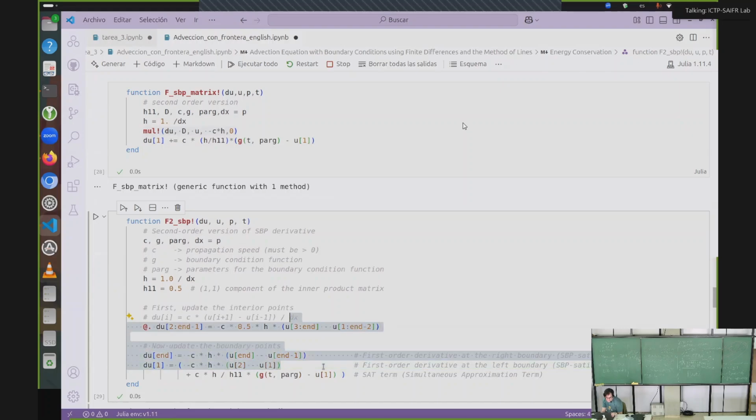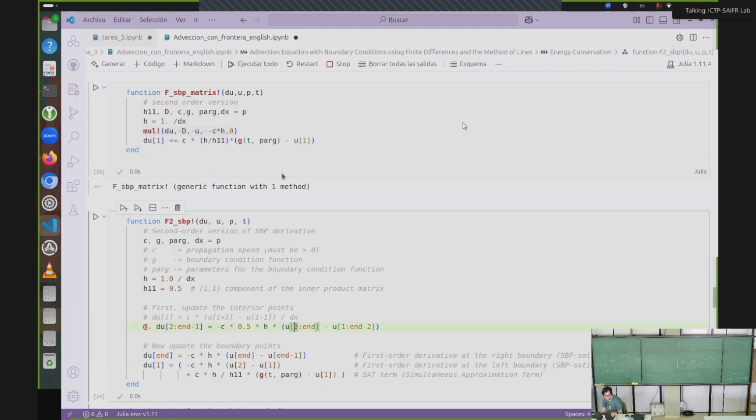When you see this at symbol anywhere in Julia, this is a macro, right? It's not actually a function, it's a macro, it's some way of programming also in Julia. So macros essentially work over expressions and create expressions and manipulate them. So here when we use this macro at dot, it's actually putting broadcasts everywhere where it's needed.